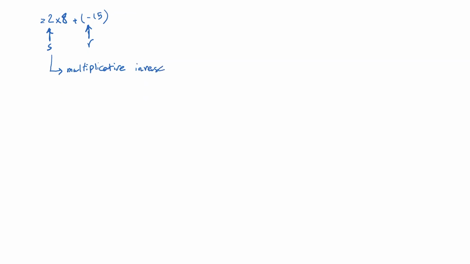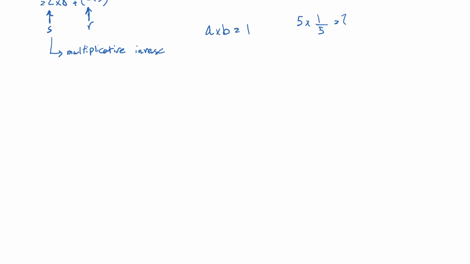Remember, the multiplicative inverse of any number A times some B should become 1, right? So if you're working with real values, the multiplicative inverse of 5 is 1 over 5, so the result is 1. But here we are talking about multiplicative inverses in modular arithmetic, so I'm interested in finding the multiplicative inverse of 8, which is represented as 8 to the power minus 1.